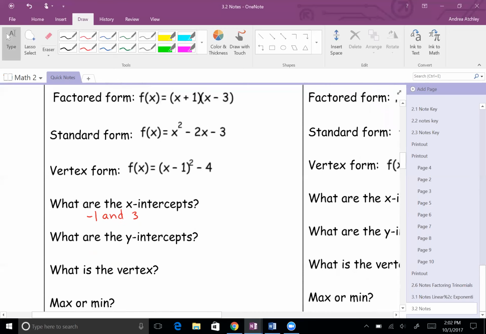And you would write those as an ordered pair. You would do -1 for the x value, and then on the x-axis, the y value is 0. And then you would have 3 for x and 0 for y. So those are your ordered pairs, your x-intercepts.